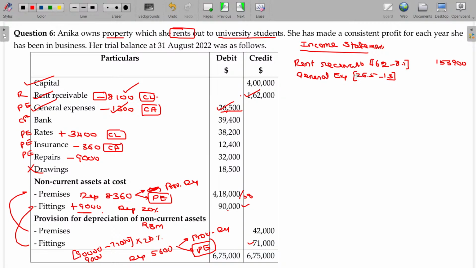The value being 25,200. And rates, 38,200. You have to add 3,400, then the final value being 41,600.